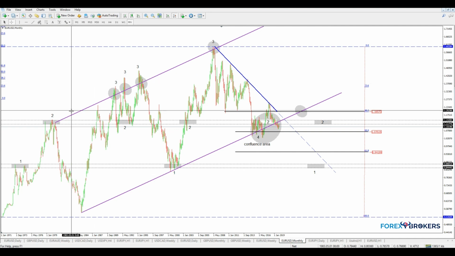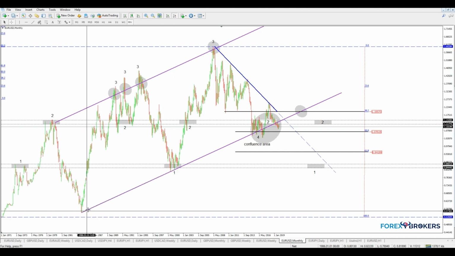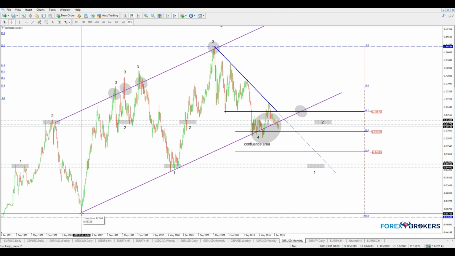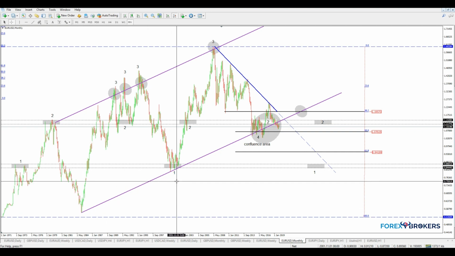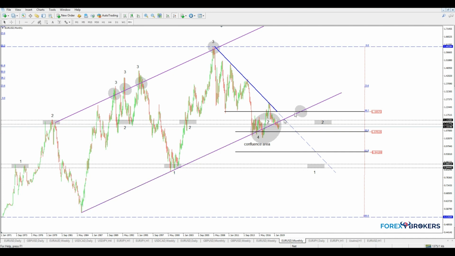Have a look here. To the upside, or to the downside, if you connect these 2 points on the euro US dollar on the monthly chart, so we have this one here from 1985 and this one here from 2001, simply dragging the trend line on the right side, we find out what? We find out dynamic support this time, which is powerful on the monthly chart.